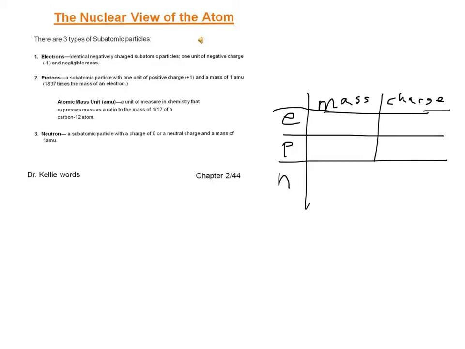Alright, the first subatomic particle we want to talk about is the electron. The electron is said to have negligible mass. Notice we use the term negligible mass, not no mass. Electrons do have mass.